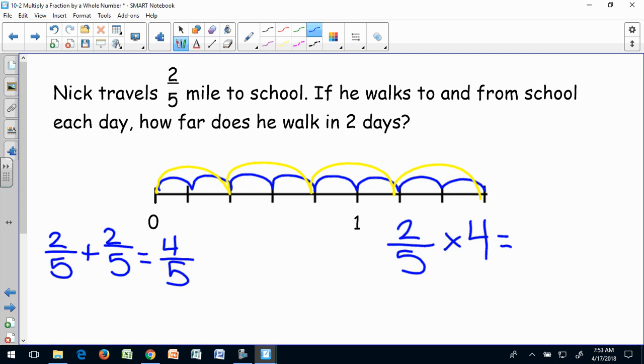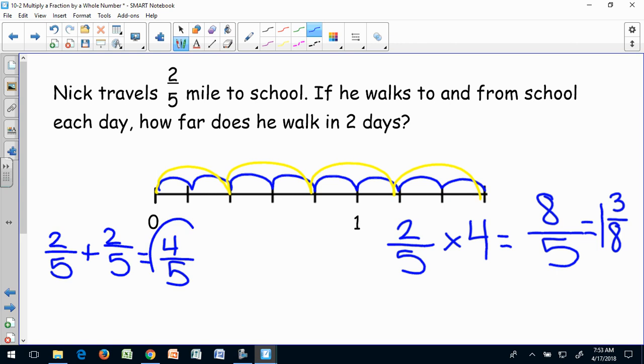I'm going to multiply my whole number and my numerator to get 8, and my denominator never changed because it's still broken into fifths. I know I can turn that into a mixed number as well. And I get 1 3/5 mile.